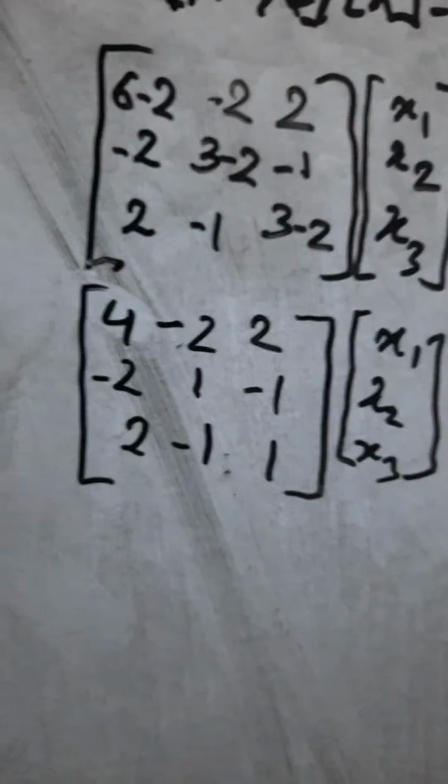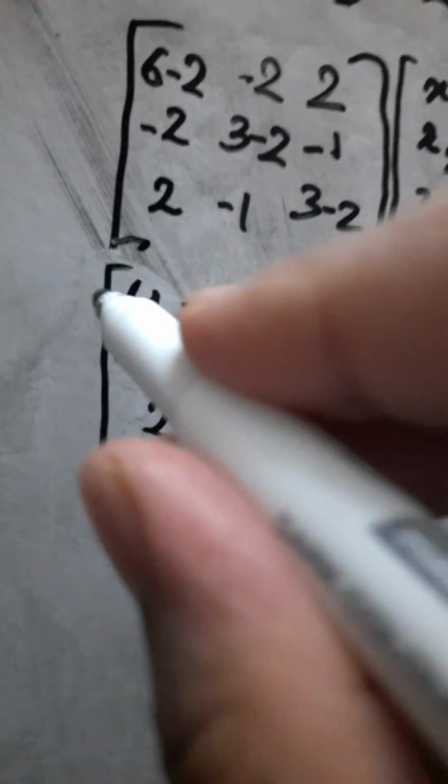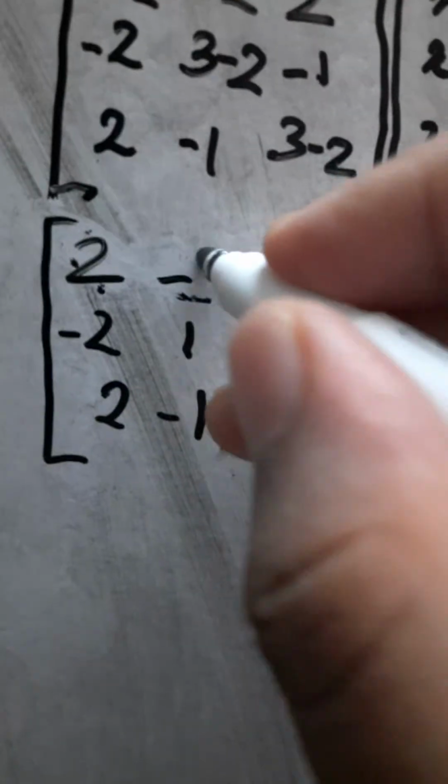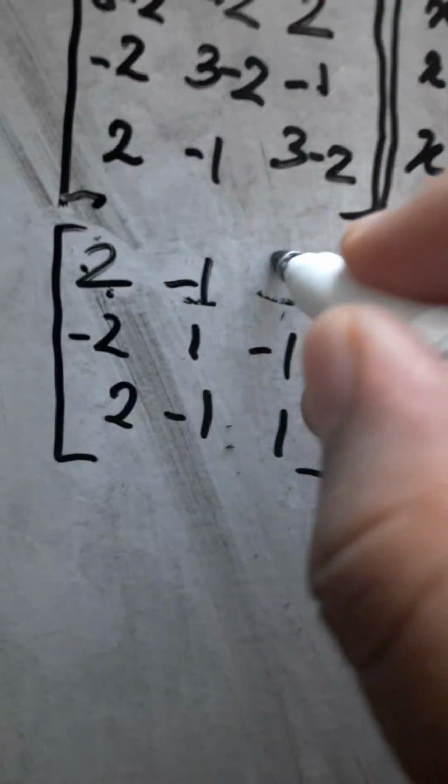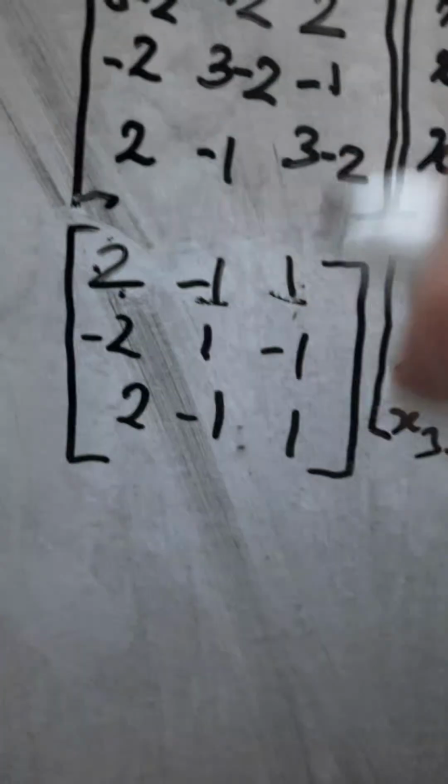Let me divide this number by 2. So this is going to be 2, this is going to be minus 1, and this is going to be 1. So it does look similar.